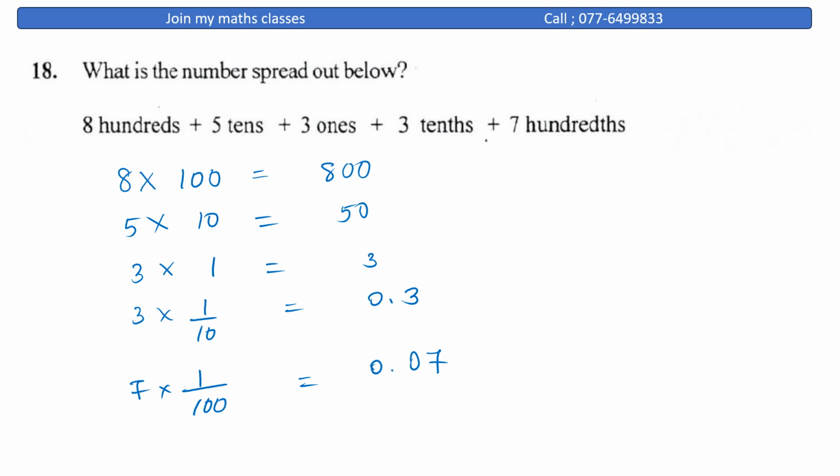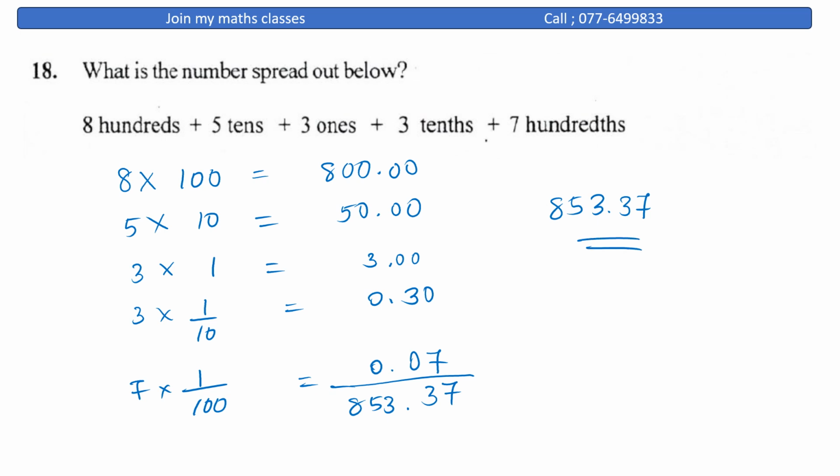If you add these, you can write these decimal places too, which I do for the sake of easiness to add. You add like this: this is 7, this is 3, this is 3, this is 5, and this is 8. So your answer is 853.37. This should be the answer.